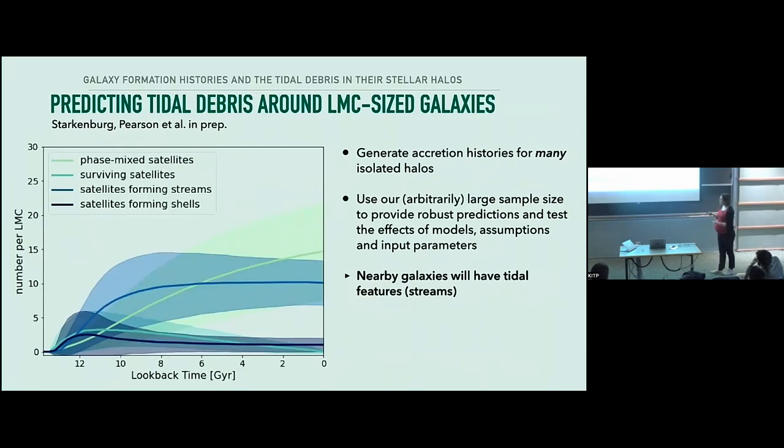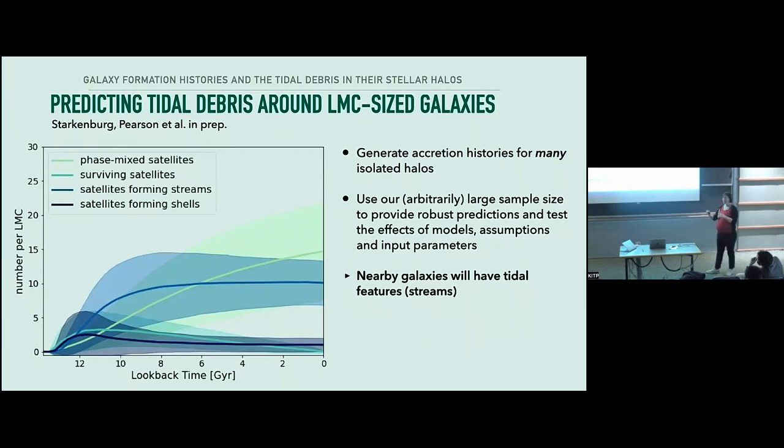this shows the average number of tidal features per LMC over time, and these different categories can evolve into each other. So you can have a surviving satellite that at some point is going to form a stream. And actually streams at some point can form shell-like features inside of them.